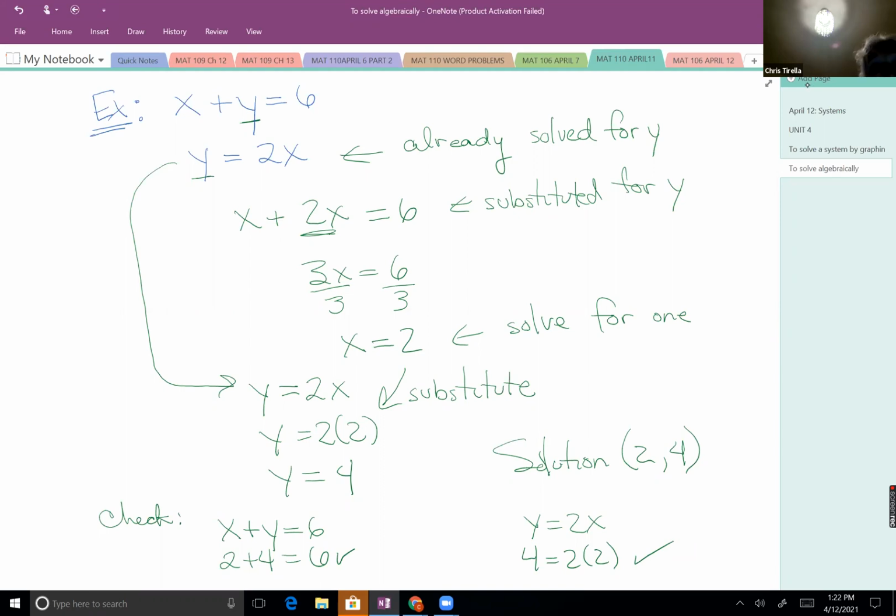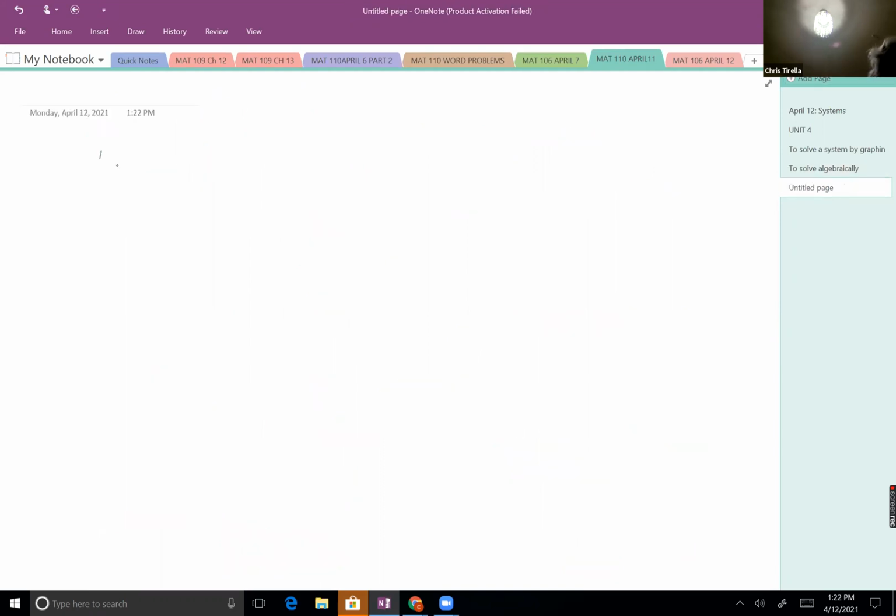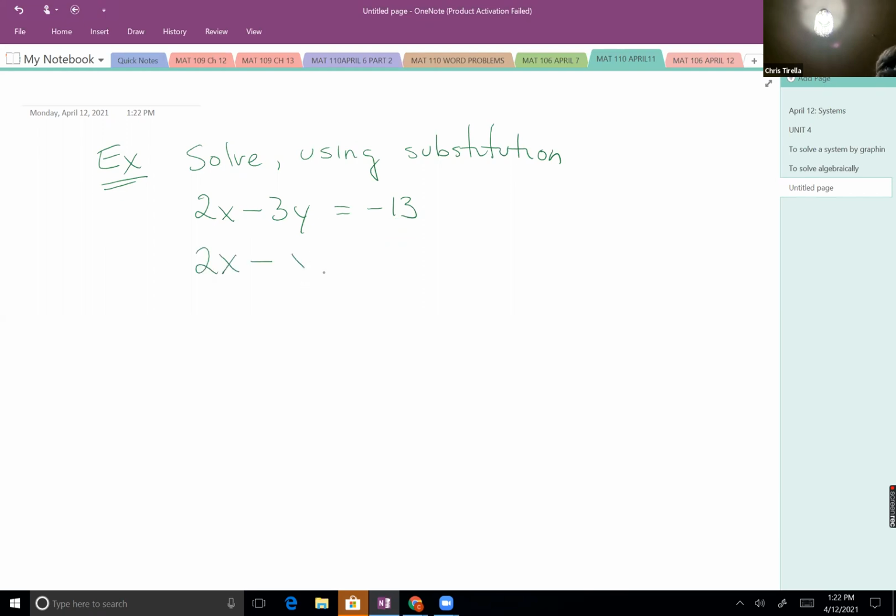Let's try another then. Next example, let's solve using substitution. 2x minus 3y equals negative 13, and 2x minus y equals negative 7.